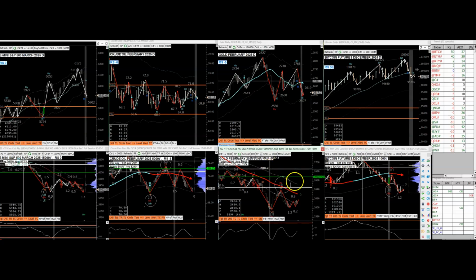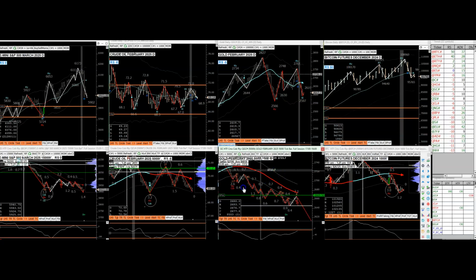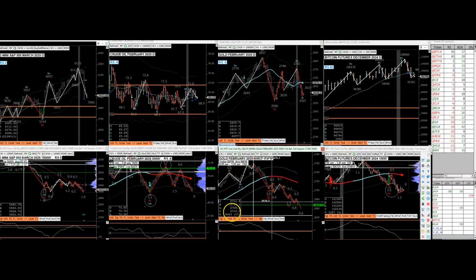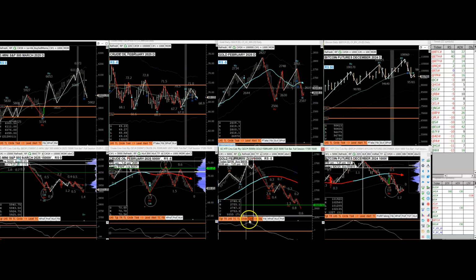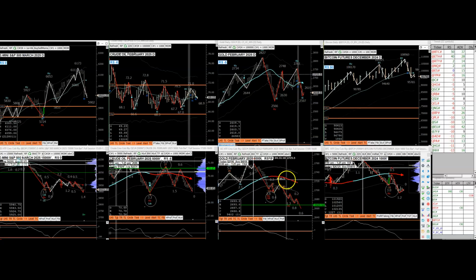So now, you will see the selling pressure off of the resistance areas right there. Right there. This is the selling change of behavior that's in play. Right there.